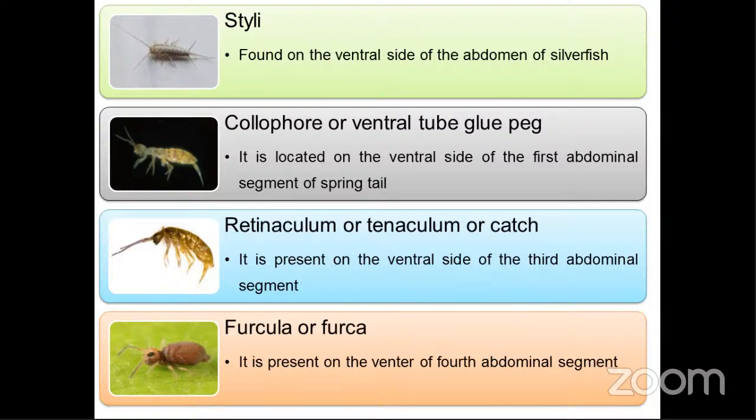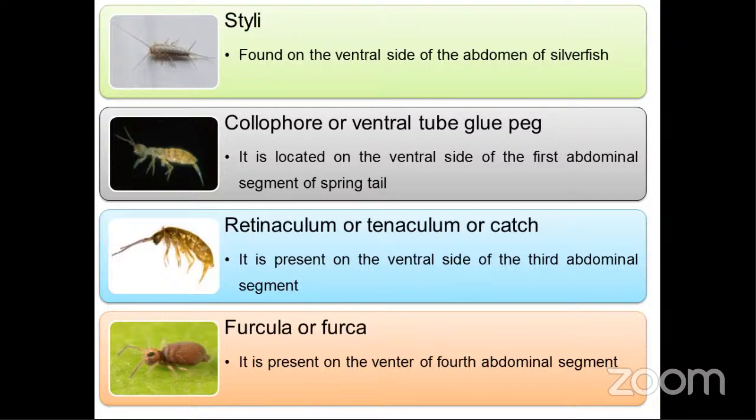On the fourth abdominal segment, the furcula or furca is there. The collophore is present on the first abdominal segment of the springtail and is cylindrical in shape. It acts by the hydrostatic pressure of the hemolymph and mainly serves for adhesion, meaning binding or sticking.